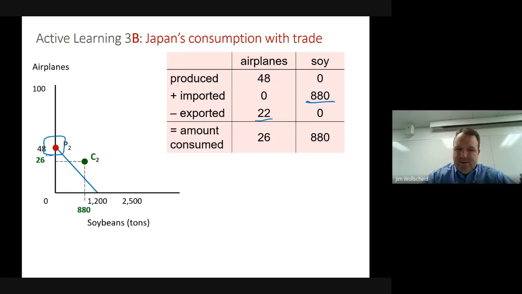Japan also ends up at a point beyond the production possibilities frontier. So now Japan can consume more than they could before. Their production hasn't changed. I didn't change anything about their production. All I changed is how much they can consume. So now Japan consumes more than they could have produced.